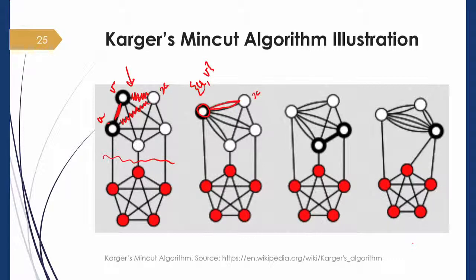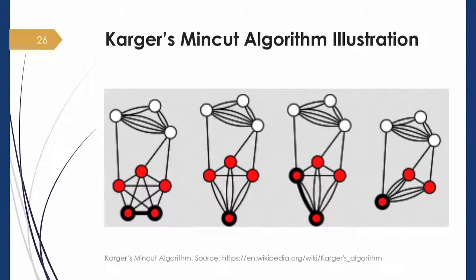We now again randomly choose one of the edges, and notice that you cannot discard these multi edges. Each one of the multi edges is also a candidate for being picked. In this case, let us say this edge is picked. So, we contract those two vertices, we get this super node, and notice that we get 4 multi edges over here and 2 multi edges over here. We retain all of them, and we proceed in this manner.